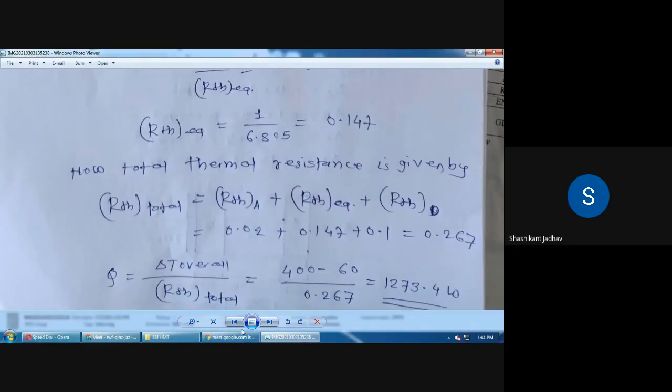Our standard formula is Q is equal to delta T overall upon total thermal resistance. Delta T overall is 400 minus 60, divided by the total thermal resistance we calculated, 0.267, which is equal to 1273.4 watt. Whatever part we have written, the remaining part we will solve in the next lecture.